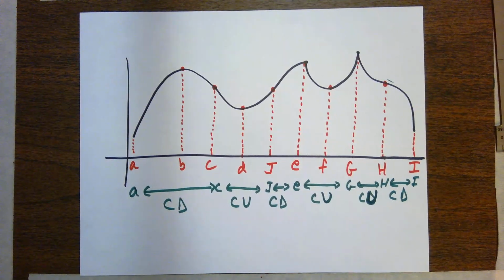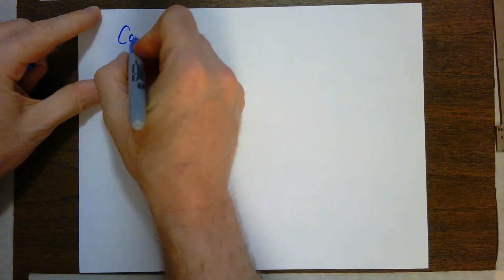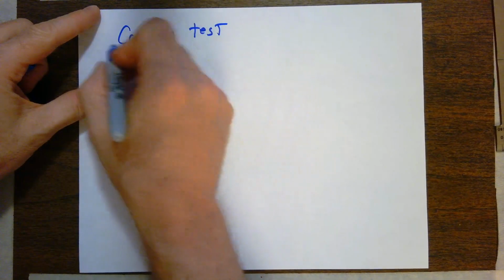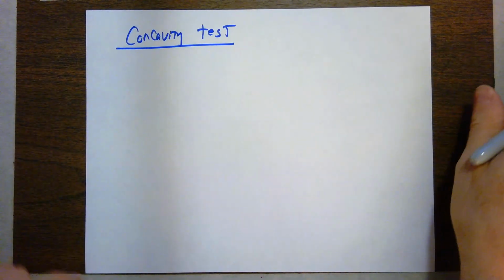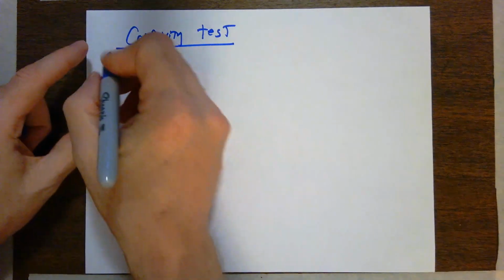And we actually have a special test, a concavity test. Let's take a look at it. The concavity test is actually a second derivative test. And here's what the concavity test says.